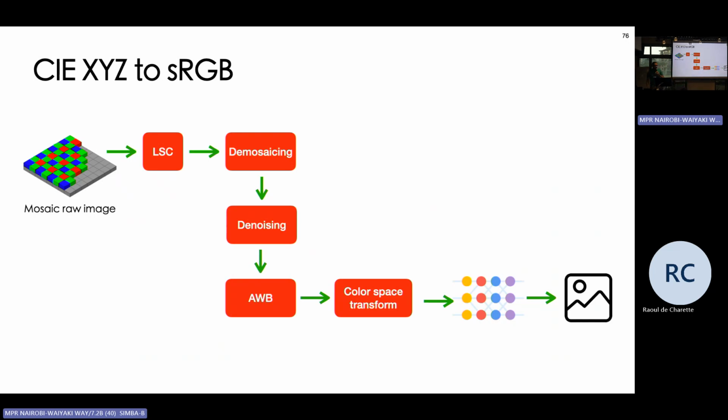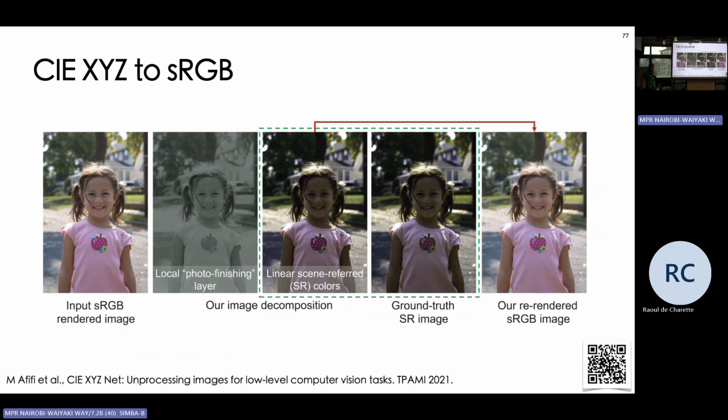As I mentioned, one of them is called CIE XYZ, and that was the work we proposed here in TPAMI 2021. The idea is to unprocess the images in a more advanced way than the simple MATLAB or OpenCV functions, so that we can get something closer to the linear representation of the images. And we do that in the opposite direction to render them back.